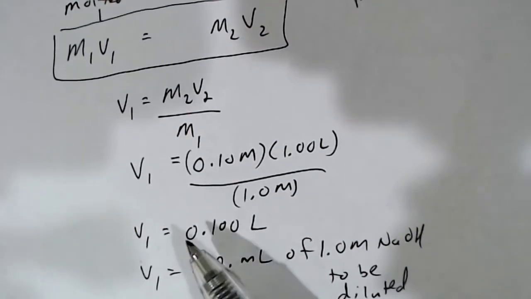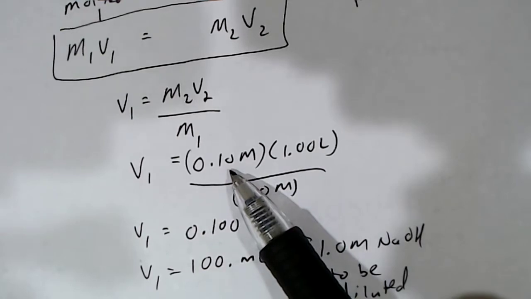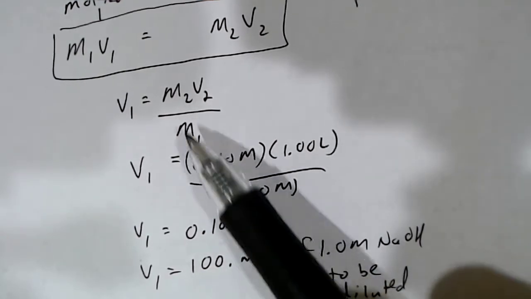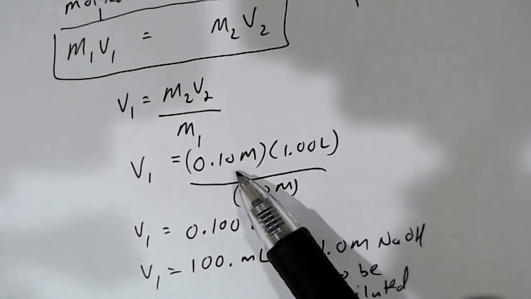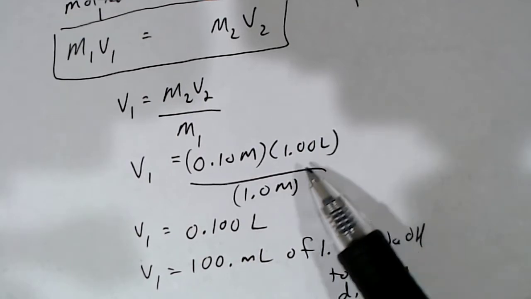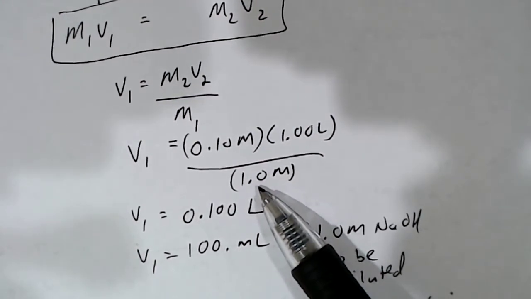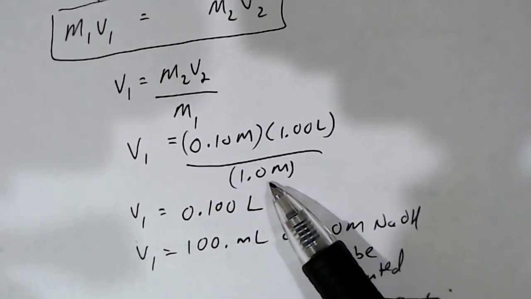Then we can start plugging in. You can just plug in the molarity of that dilute solution, M2, and then the volume of that final or that dilute solution, 1.00 liters, and then the molarity of the initial M1 solution, that was 1.0 molar.